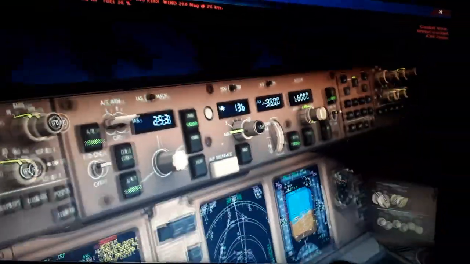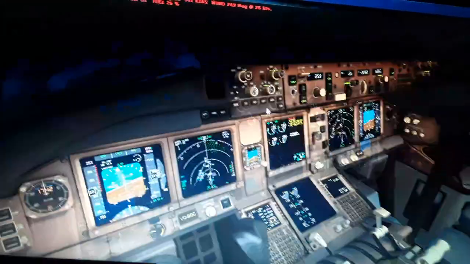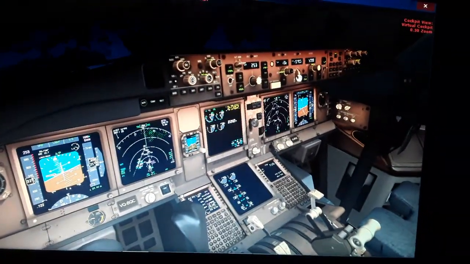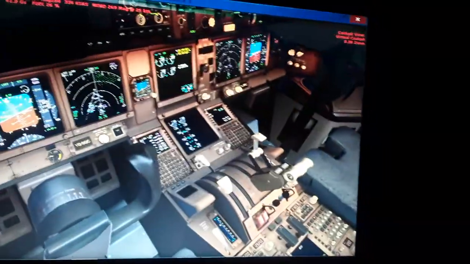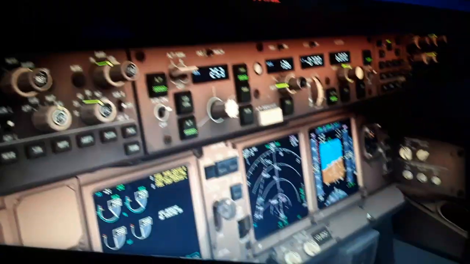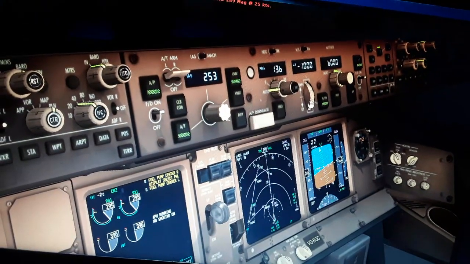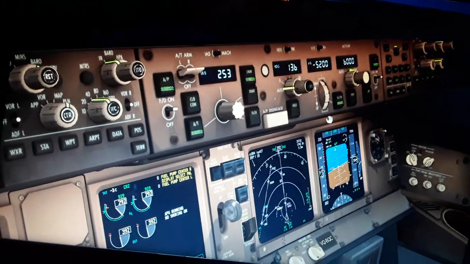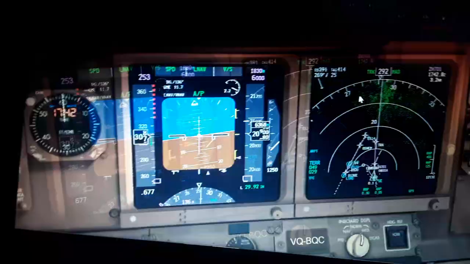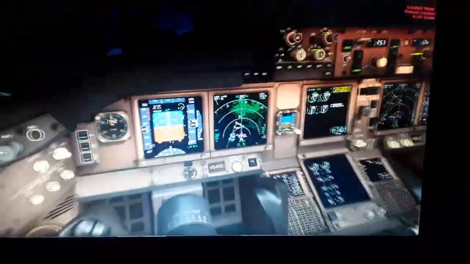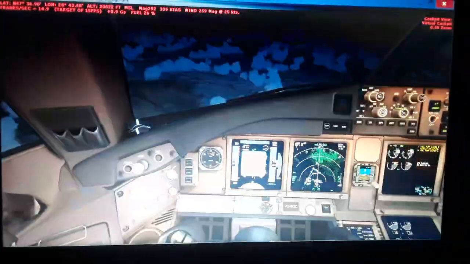So we have less airspeed, maybe more rate of descent. Let's use the speed brake now. We're gonna have the descent rate first, let's see.